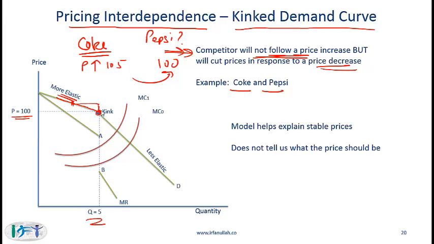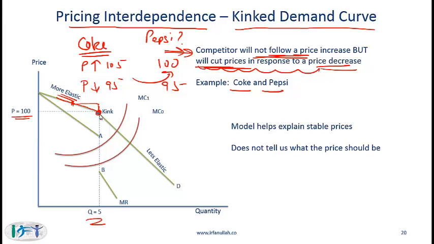On the other hand, what if Coke decreases the price? So if Coke says that they want to reduce the price to 95, then what will happen? According to the premise that we discussed at the start of this slide, the competitor will cut prices in response to a price decrease. So now both Coke and Pepsi are at 95. What will happen to the quantity demanded?